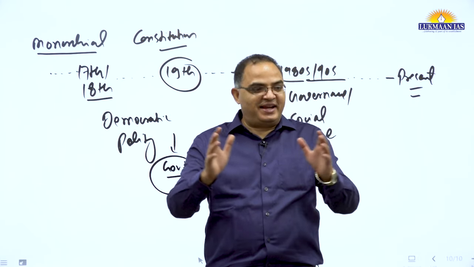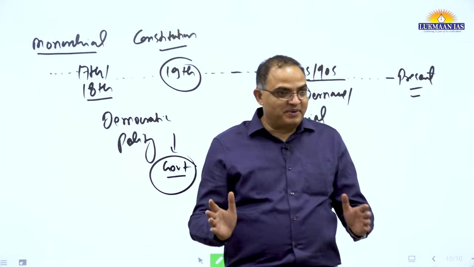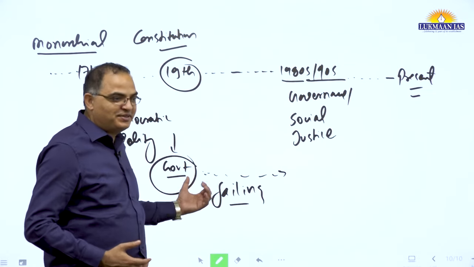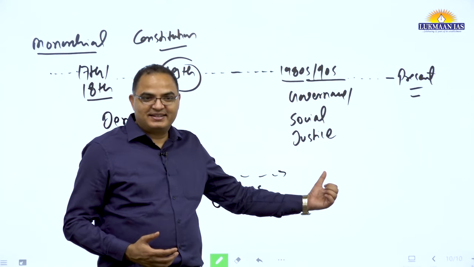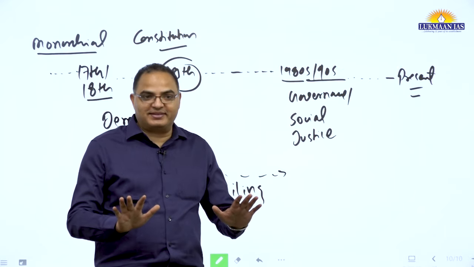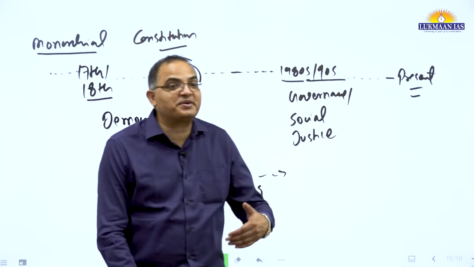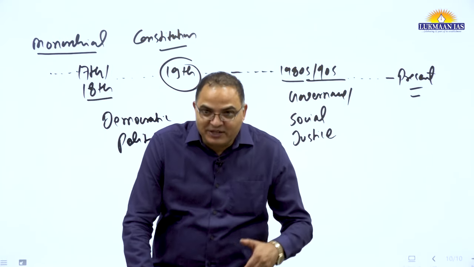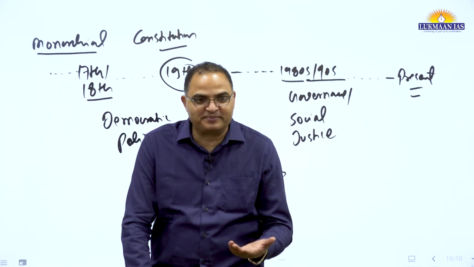Even though we adopted this system, after some time we realized it is still not adequate. So we started talking about something else. A new set of philosophers and new theories started coming.